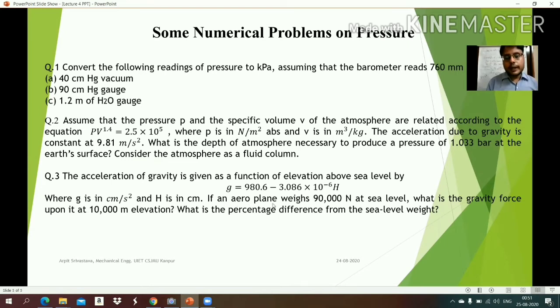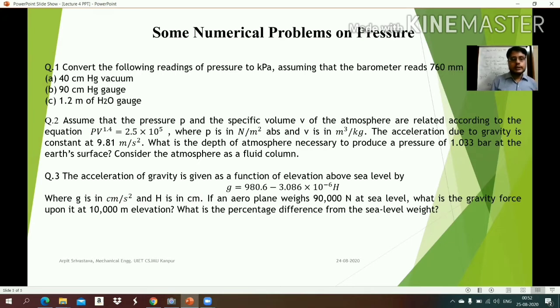If an aeroplane weighing 9,000 Newton at sea level, what is the gravity force upon it at 10,000 meter elevation? What is the percentage difference from the sea level weight?